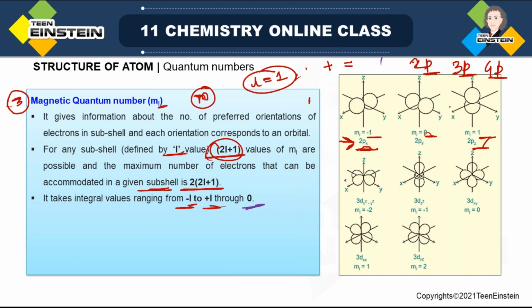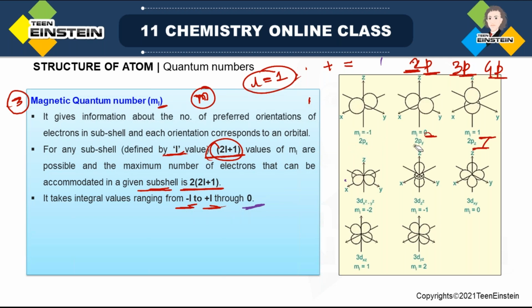Here L is 1 for 2p, 3p, 4p, because just the principal quantum number is changing, but the azimuthal quantum number is not changing. That means p is the same. So whether it is 3p, 2p, or 4p, you will always get 3 possibilities: ml value minus 1, ml value 0, and ml value 1.